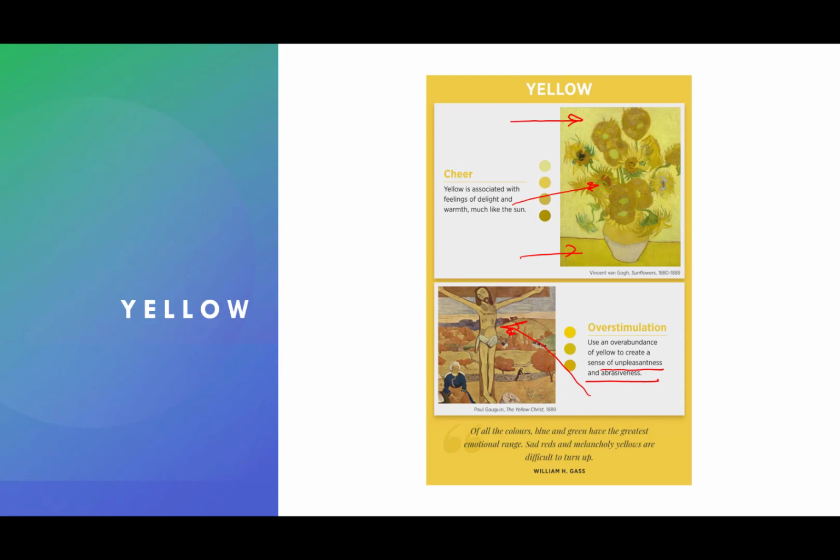With Van Gogh. But here, the Yellow Christ, you have a more sense of not just unease, but that you almost look sickly or not well, because that's not the normal color of what it's supposed to be.